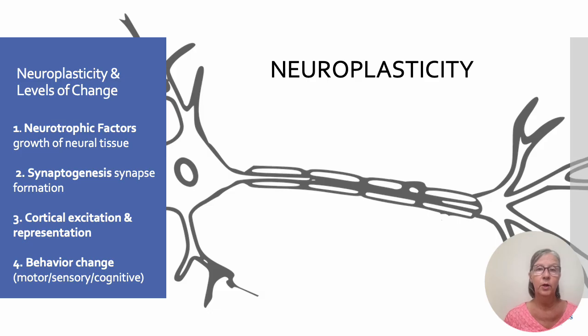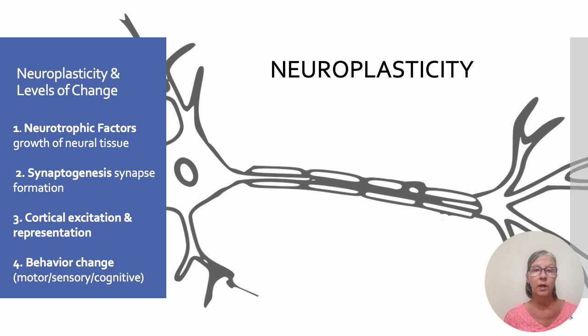When we use mirror therapy with our clients who have had a stroke, we are producing neuroplastic change. Neuroplasticity is the brain changing, and it changes on 4 different levels. Number 1, through the growth of neural tissue. Number 2, through synapse formation. 3 is through cortical excitation and representation.